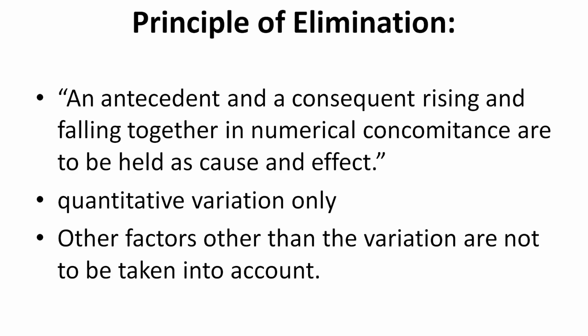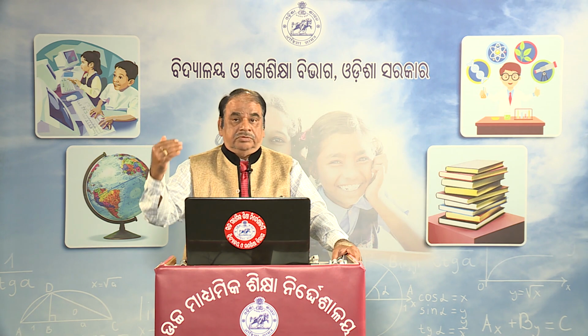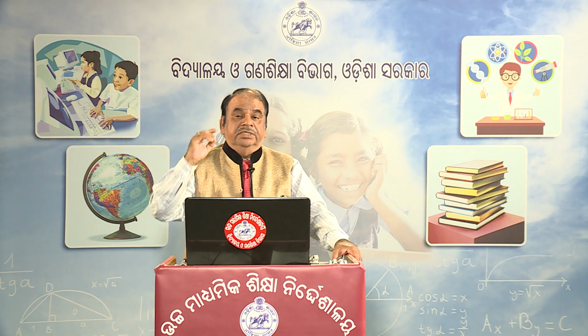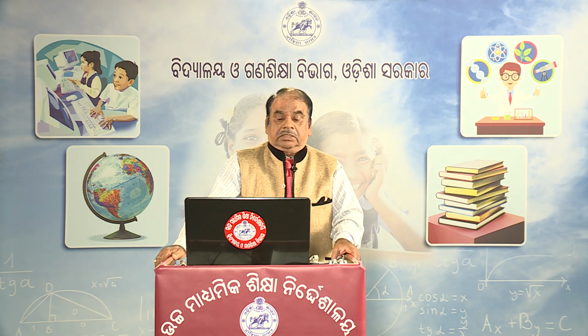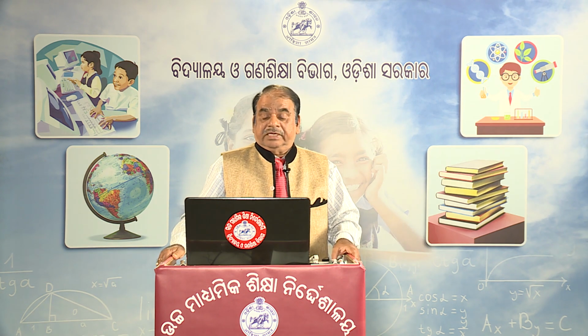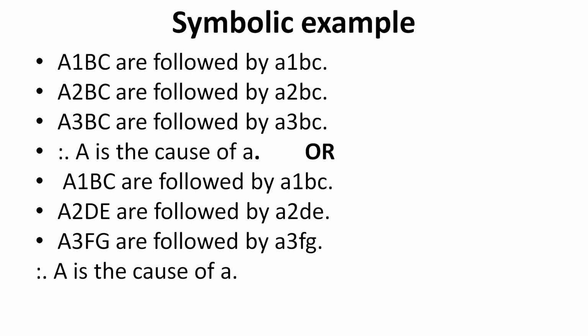Here only quantitative variations are taken into account in the method of concomitant variation. Though it is said concomitant variation, variation can be qualitative or quantitative, but in this method only quantitative variation is taken into account, and other factors other than variation are not taken into account by this method.